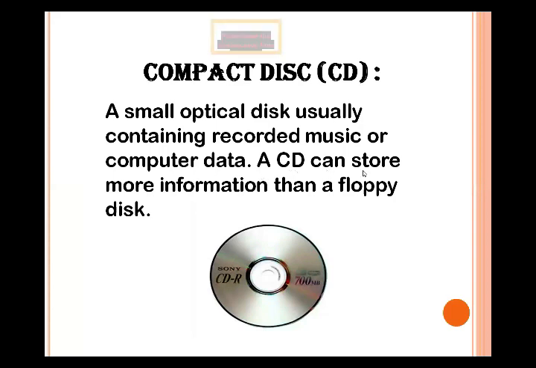A CD can store more information than a floppy disk. CD is also a storage device, and it stores more data and information than a floppy disk. We can store music, documents, all things in the CD.